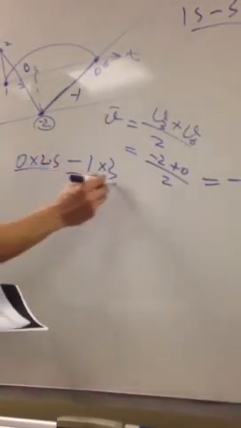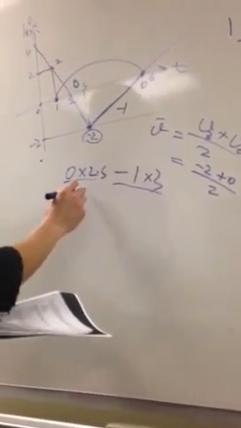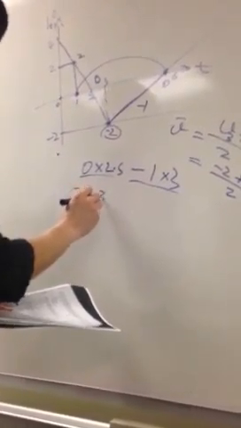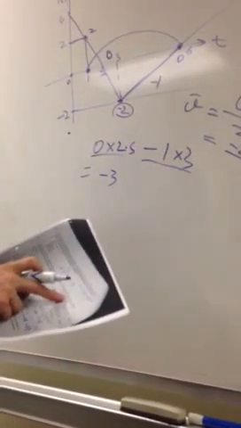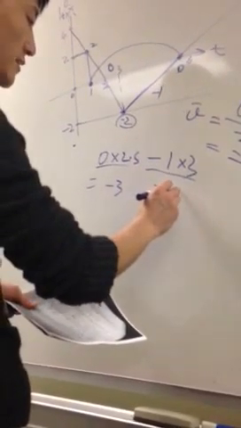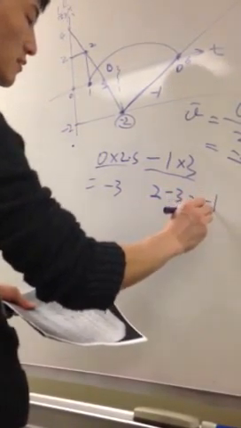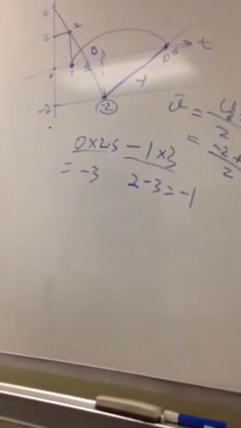So if you calculate the distance moved, it's going to be -3. And it tells you the initial position is 2, at 2 meters. 2 plus -3 is going to be -1. So this one is D.